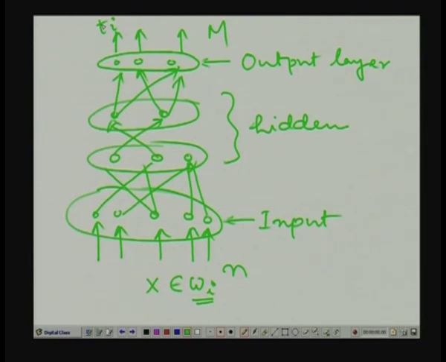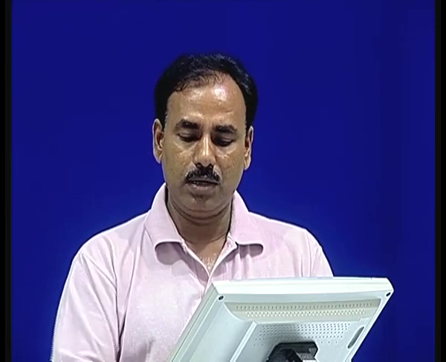Then we have an error, and the error information is propagated backwards to adjust all the connection weights, which is why this is known as back propagation learning. We will not go into the details of this neural network approach.